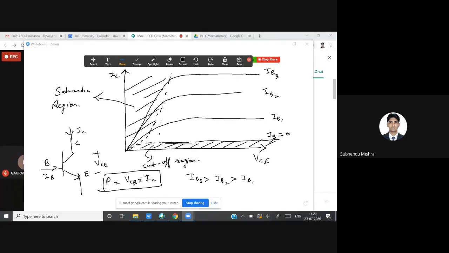To reduce this power loss, we make sure that the VCE value is small, and it is small only in the saturation region. In the saturation region, VCE is very small and the circuit is turned on. So we always operate in this region, and this is, let's say, the load line. We will operate at this particular point.